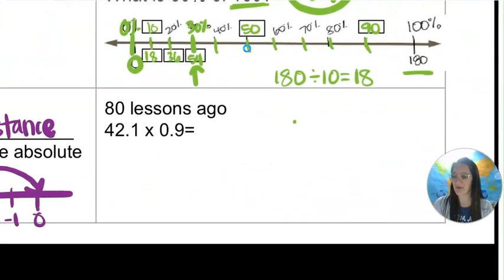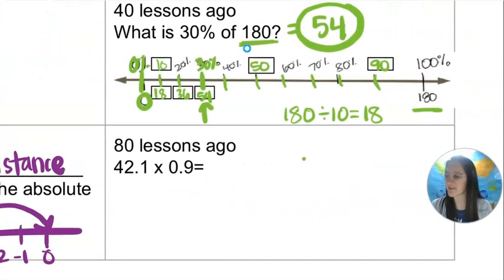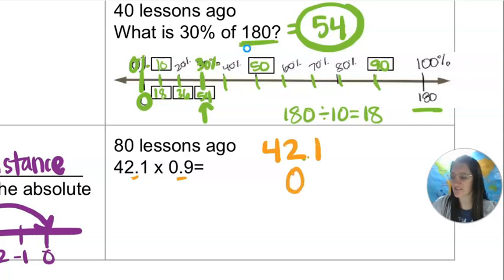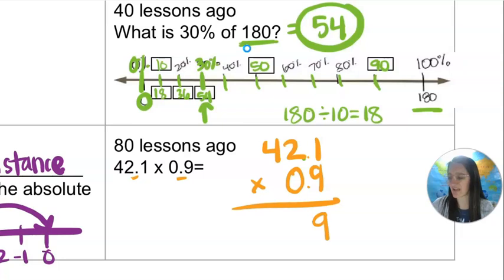And finishing it off with multiplication of decimals. You notice when I set it up, I'll put the decimal there, but I kind of ignore it. I just set it up so it was straight right there, right? And then I'm going to multiply. 9 times 1 is 9, 9 times 2 is 18. 9 times 4 is 36, plus 1 is 37.